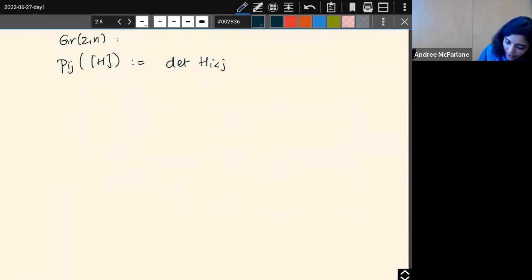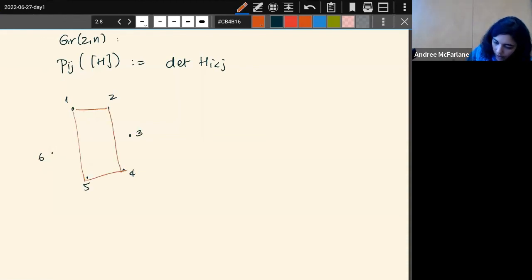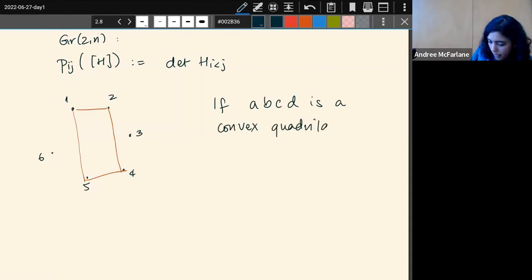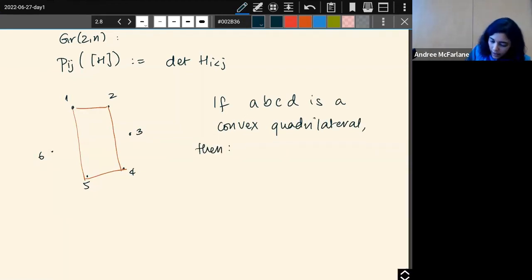So if I think about a convex n-gon like this, and if I label it clockwise around the n-gon, and if I choose any convex quadrilateral here, okay, so if ABCD is a convex quadrilateral in the picture on the left, then in fact, the previous relation holds.